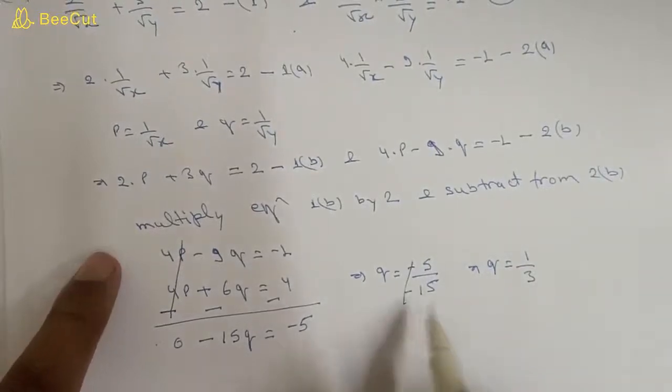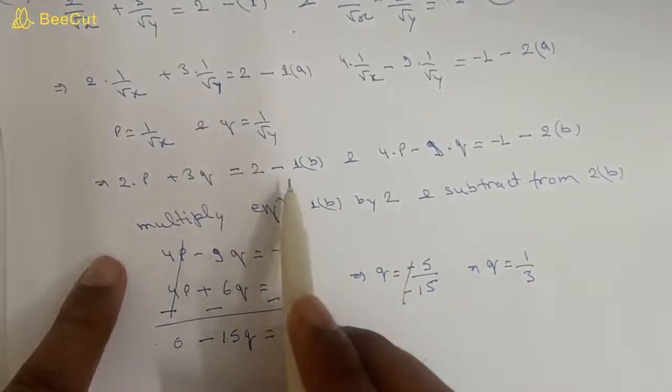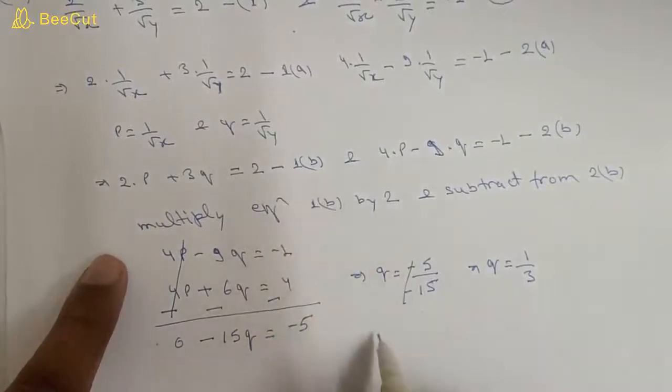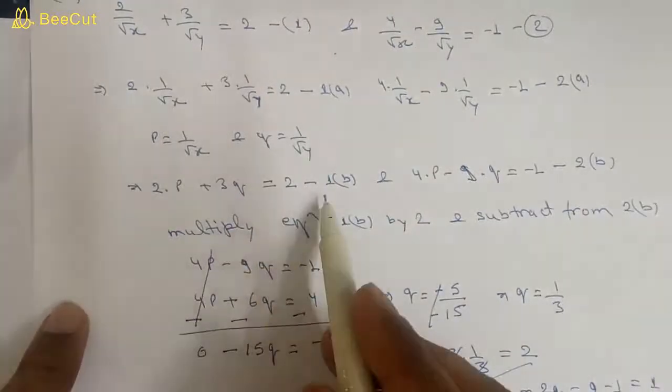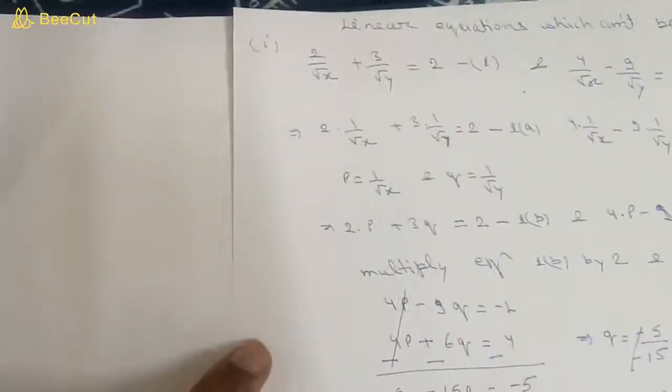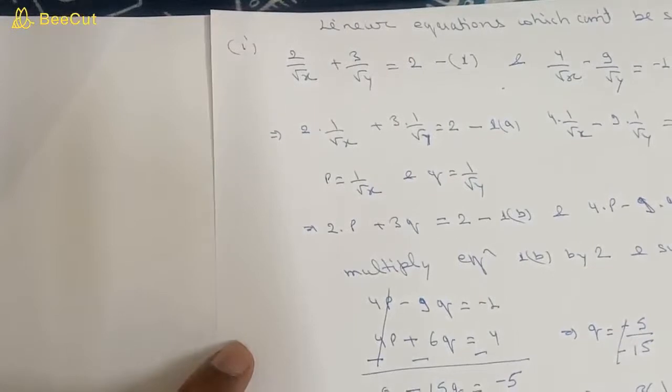Now we have got q is equal to 1 by 3. If we put the value of q into equation 1b, then 2p plus 3 into q, we can put 1 by 3, is equal to 2.